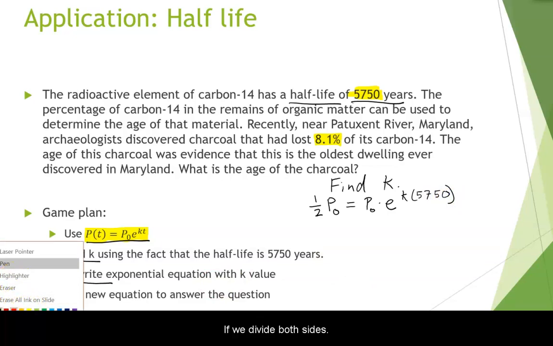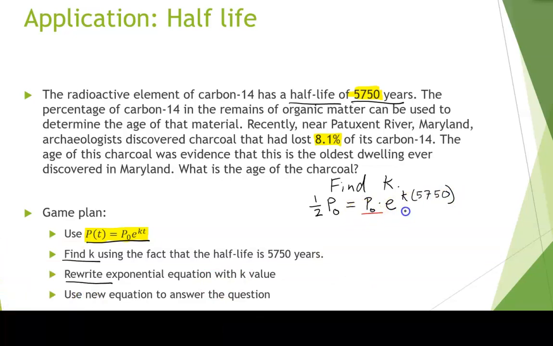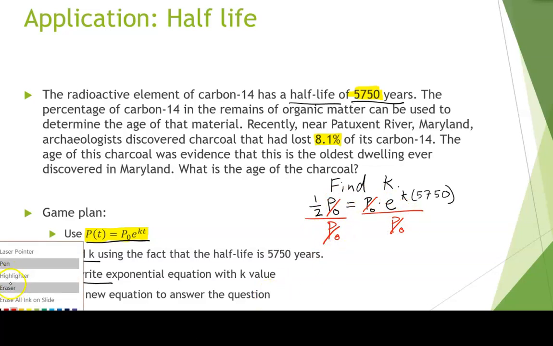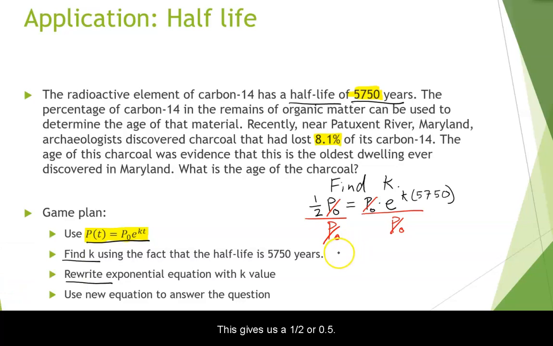If we divide both sides by P naught, these P naughts will neatly cancel out. We don't need to know that actual value. This gives us 1/2, or 0.5, equals e to the 5,750k.